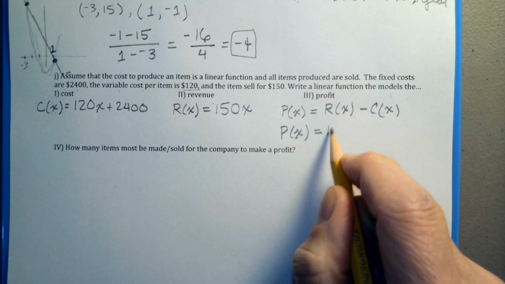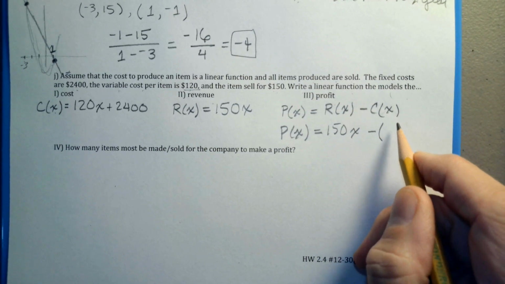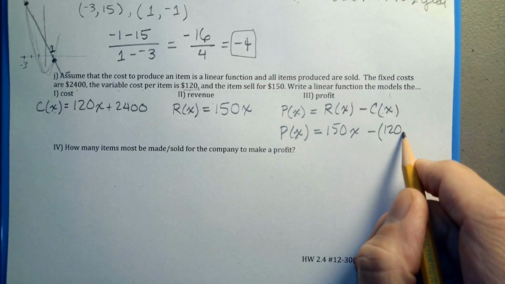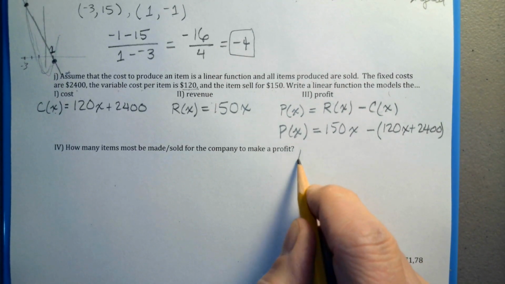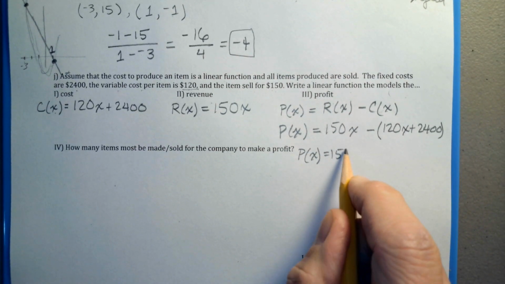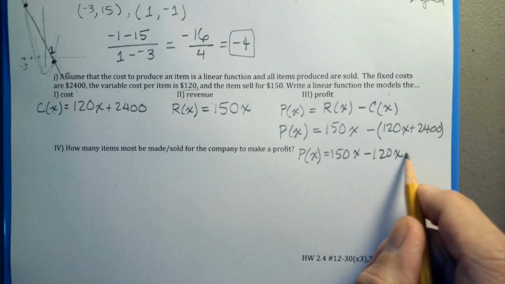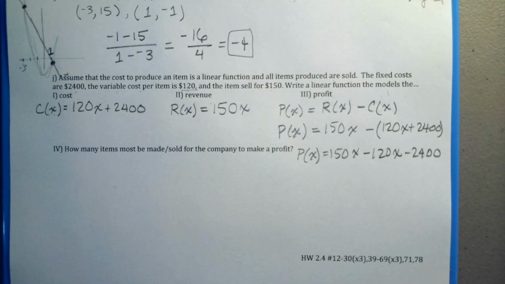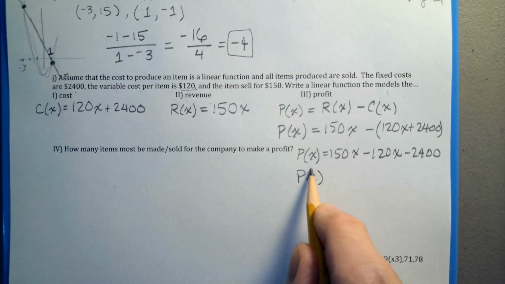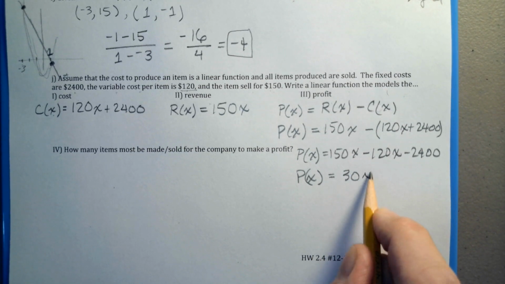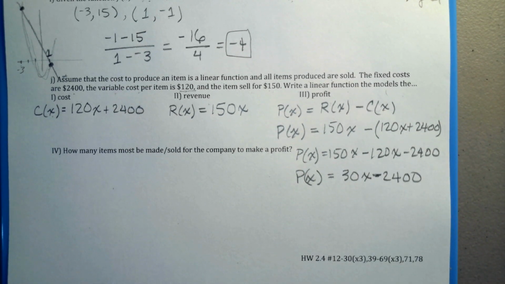So that's going to be 150x minus, now put in parentheses, so you got to remember to distribute that negative, 120x plus 2,400. And so finally, P of x is equal to 30x minus 2,400 is really the profit function, simplified down.